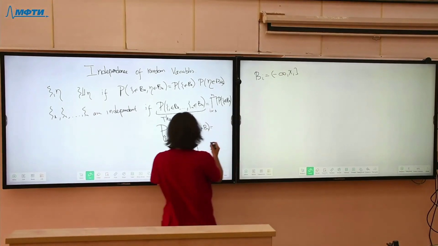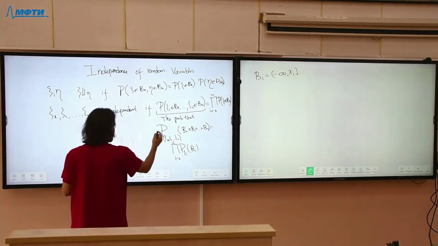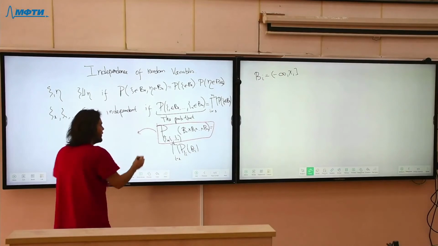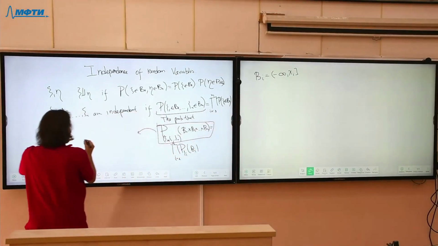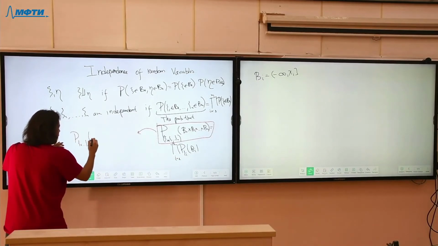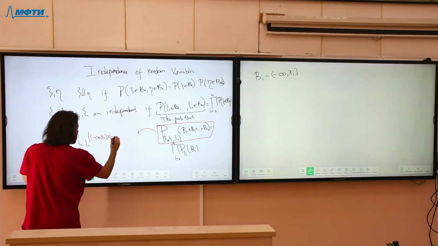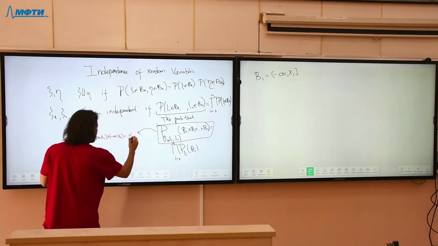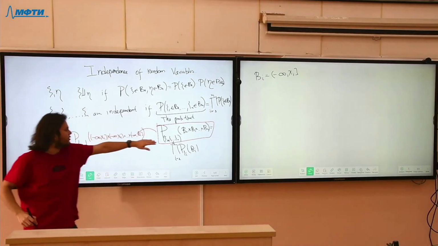So if Bi is this, right? So it's like writing this, B, on minus 3 to 1, minus 3 to... this is the same, right?